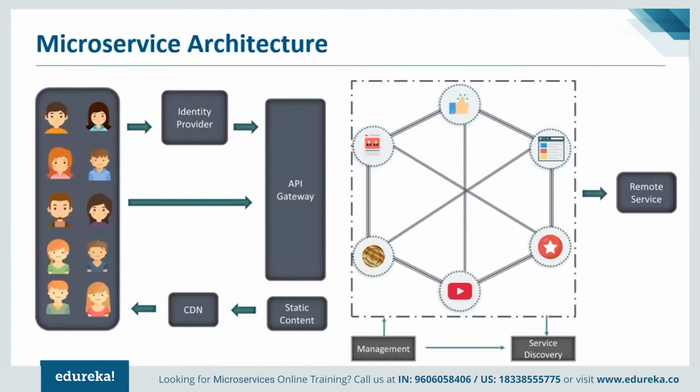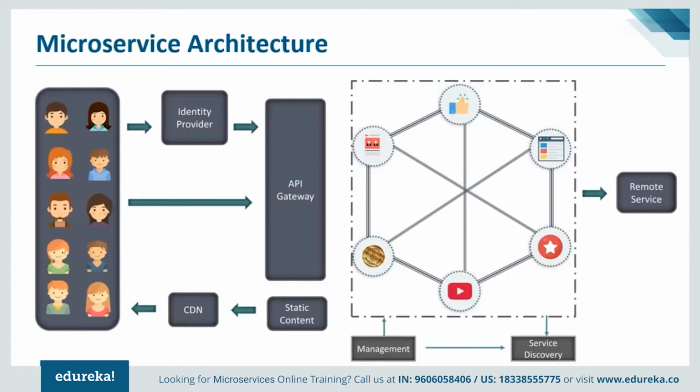API gateway thus acts as an entry point for all the client requests and passes the request to the specific microservices to be processed. Apart from the main components, the architecture has other parts also such as static content, which houses all the content from the system, service discovery, which acts as a guide to find the route of communication between microservices, and the content delivery networks, which is basically a distributed network of proxy servers and their data centers.